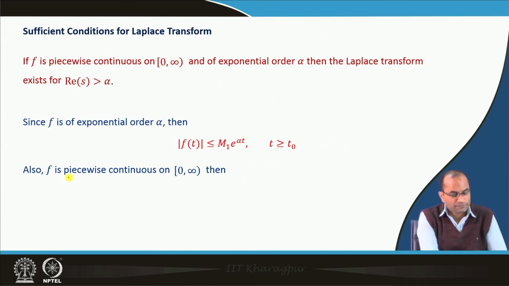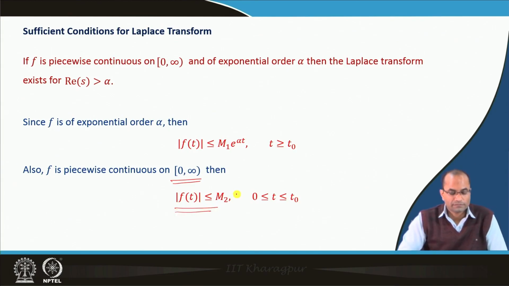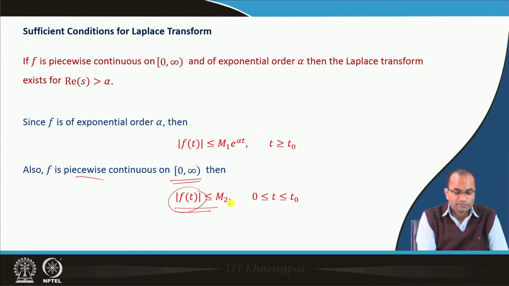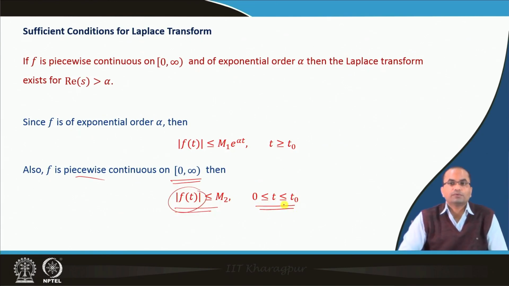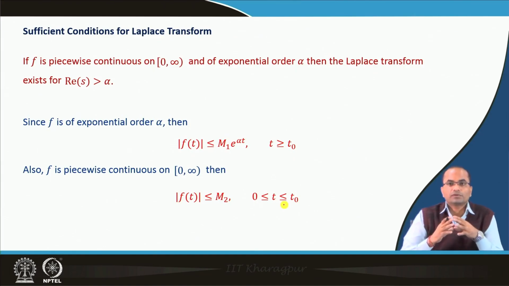So, in this case, if the function is piecewise continuous on this interval 0 to infinity, then we know that we can bound this function f t by some number in this interval 0 to t naught, because that is the beauty of this piecewise continuous function.